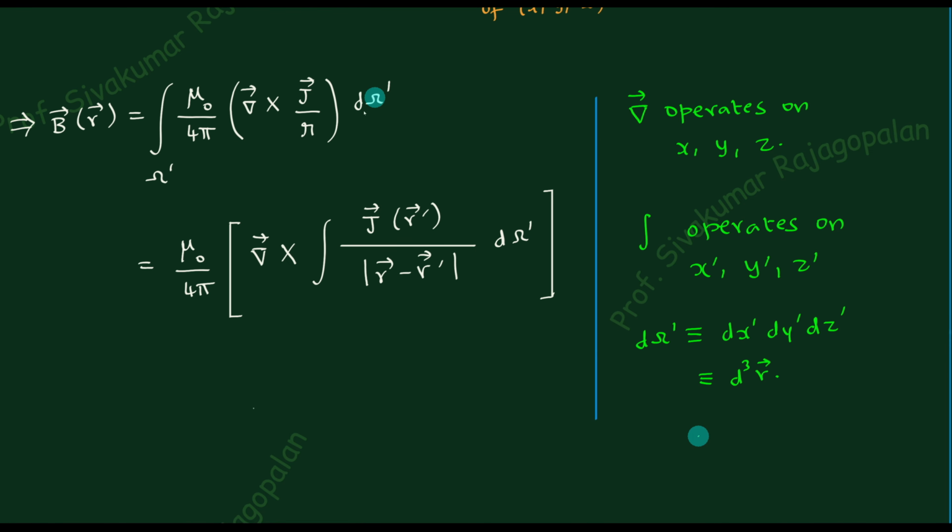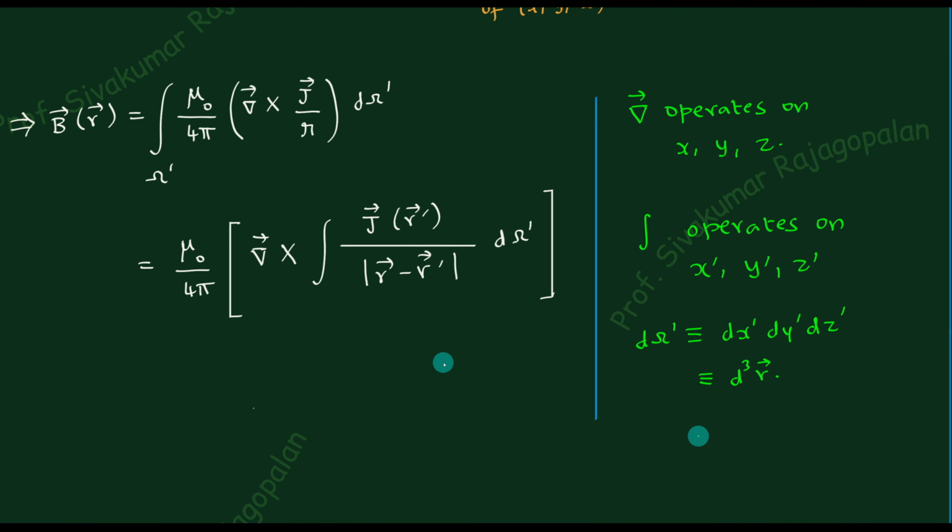Similarly, when you put a prime here, you have omega prime. So the integral will be operating only on the primed variables. That's very clear. And remember that the del operator, whatever you have written, does not have a prime. If you have a del prime, then the story is different. If you have a del prime here, then it will operate on x prime, y prime, z prime. Okay, that point you keep in mind.